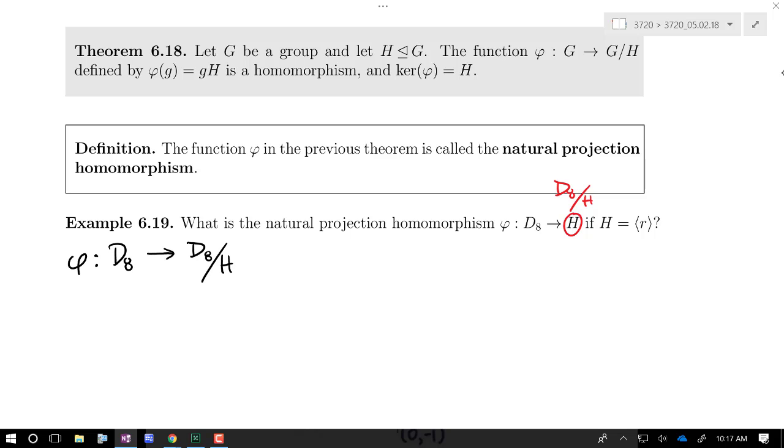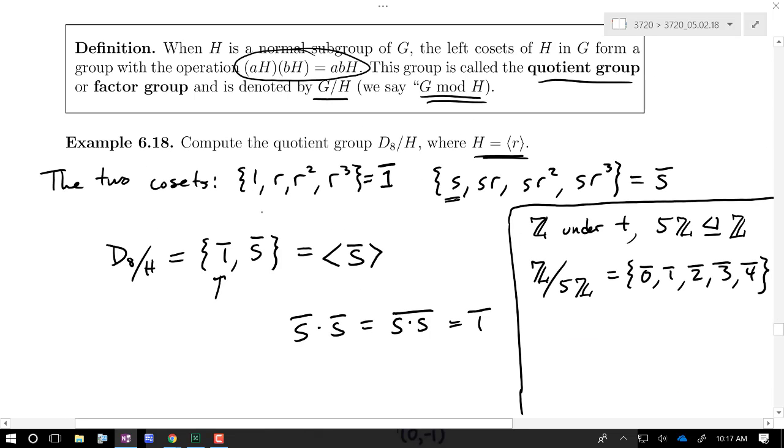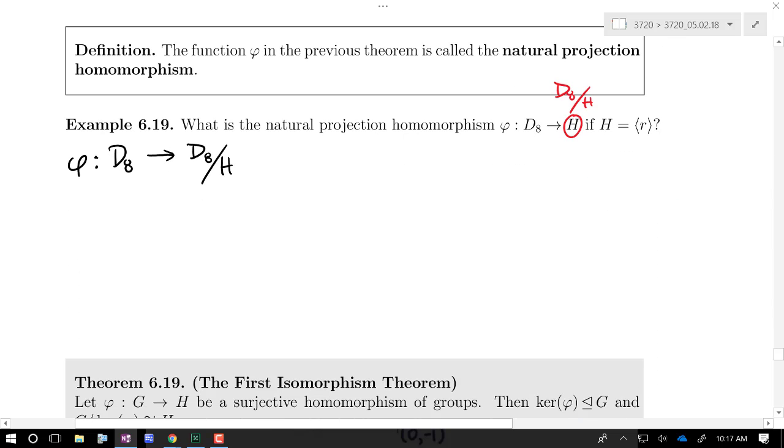The coset that it's in. So if we look back at the cosets that we had, here were our two cosets. This says that any of the rotations should just get mapped to the one coset, and any of these other four elements should get mapped to the S coset. So that's just how we're going to define this.